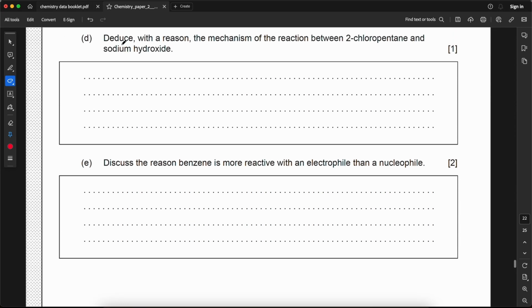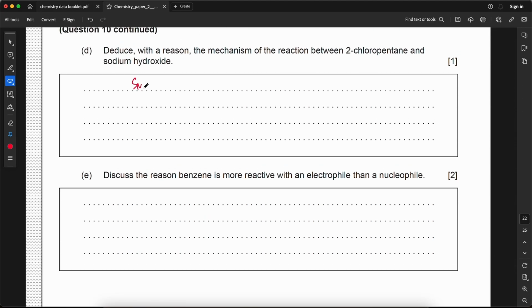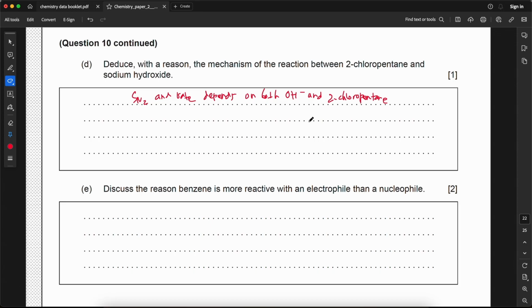It's SN2, and the rate depends on both OH and 2-chloropentane. 2-chloropentane is a secondary halogenoalkane, CH3CHClCH2CH2CH3 plus NaOH.